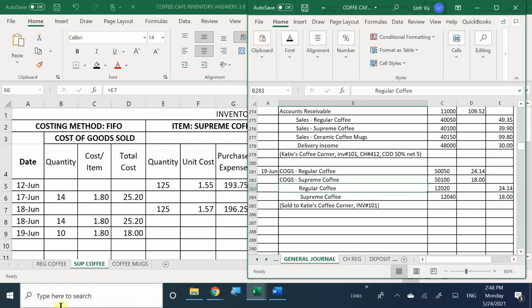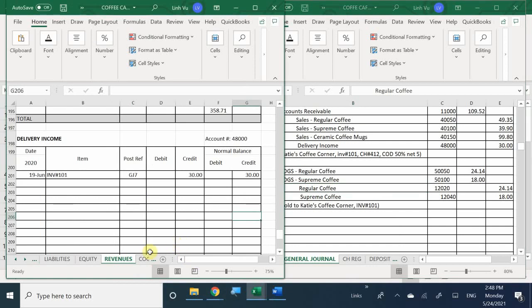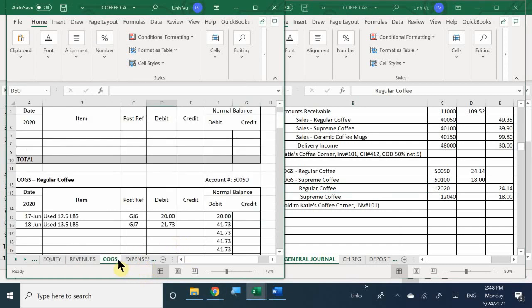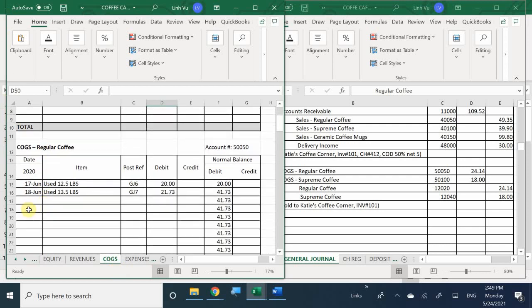Now we have to update our general ledger. So, COGS. How many pounds did we sell? 15. GJ7 for 24.14 in the debit. Running balance of 65.87.